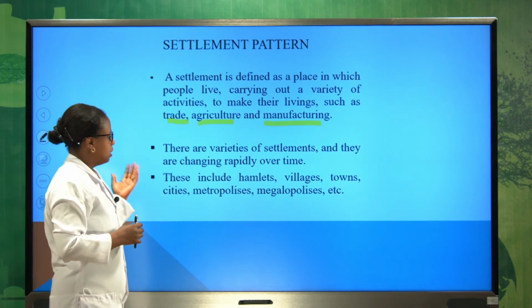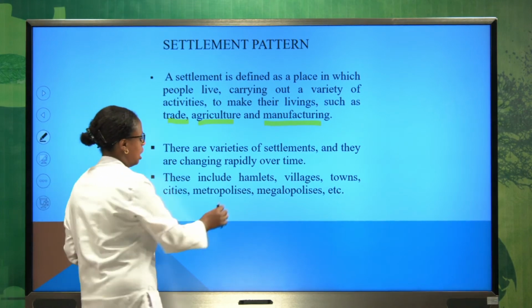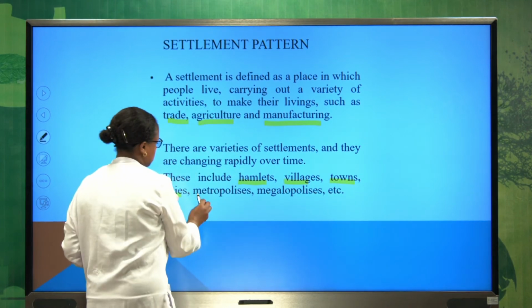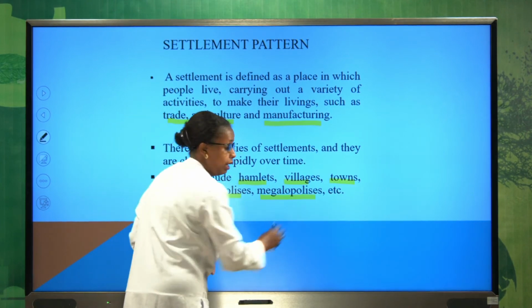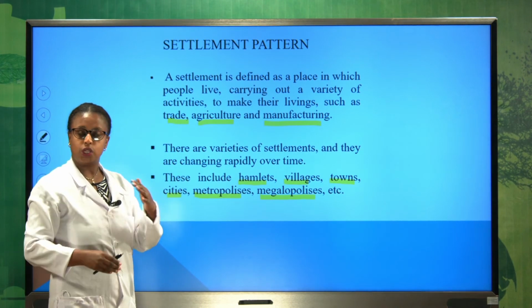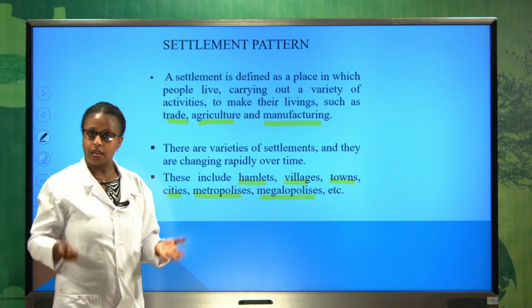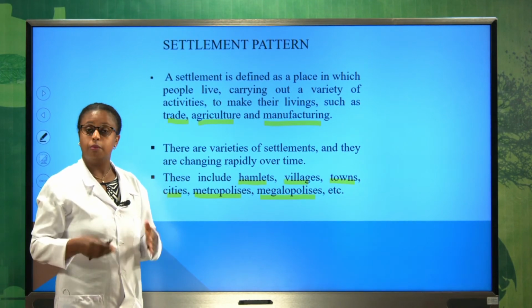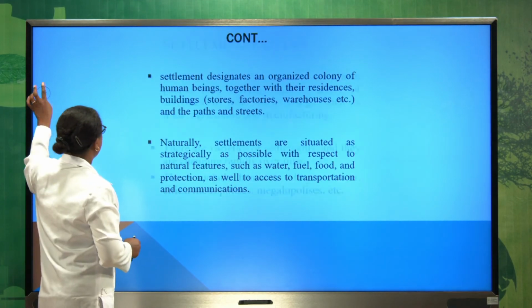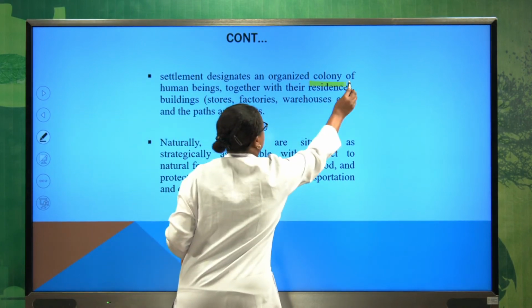There are different settlements, including hamlets, villages, towns, cities, metropolis, megalopolis, etc. All of the settlements show rapid change from time to time, and they vary in their size and functions.